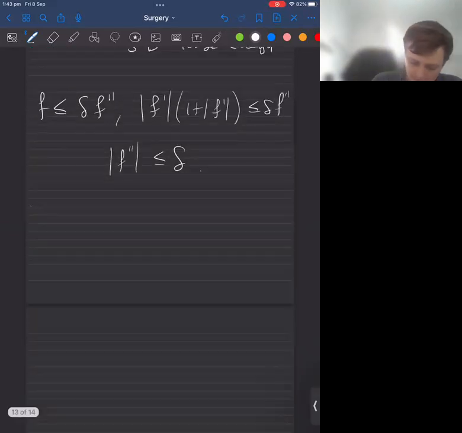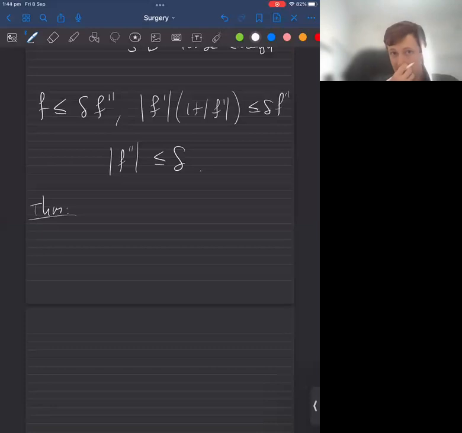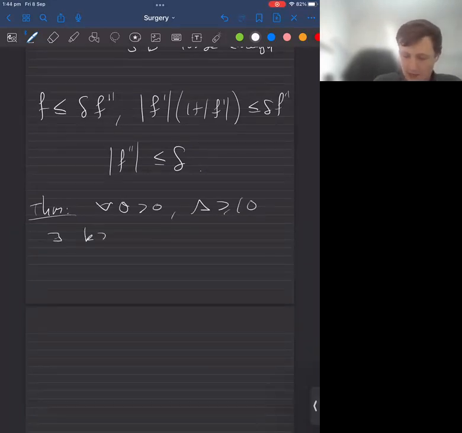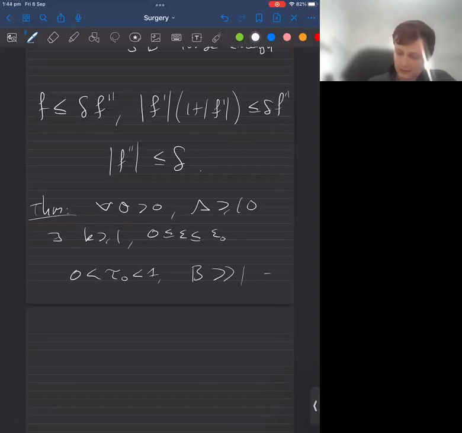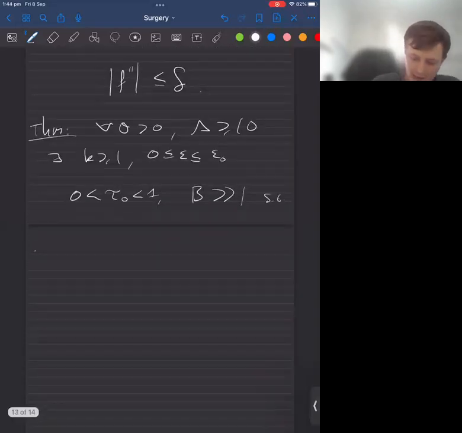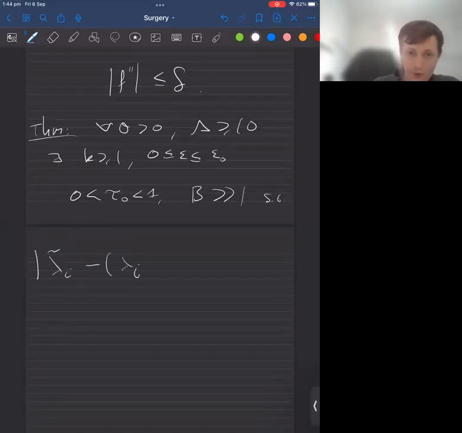And so what you get is, say for all theta bigger than 0, lambda bigger than, say, 10, you can choose k big enough, epsilon small enough, tau small enough, and b large enough, such that, okay, and now I'm going to estimate the eigenvalues of my second fundamental form.